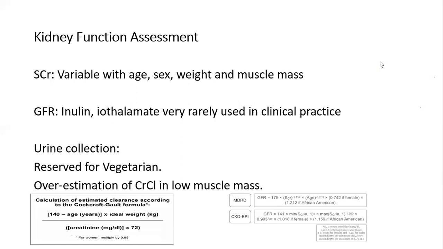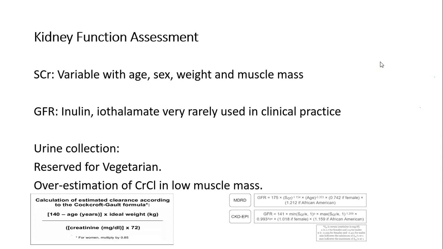The other two equations which we use in chronic kidney disease are MDRD, Modification of Diet in Renal Disease, and the Chronic Kidney Disease Epidemiology Collaboration formula, CKD-EPI. These are complicated, and you can always look them up for reference unless you are very practiced with them.